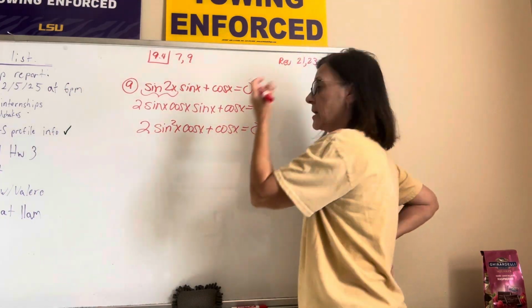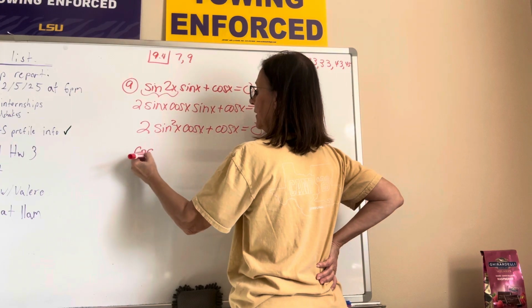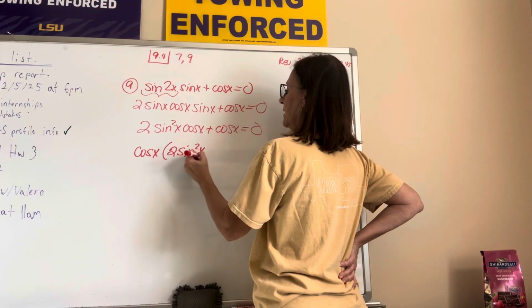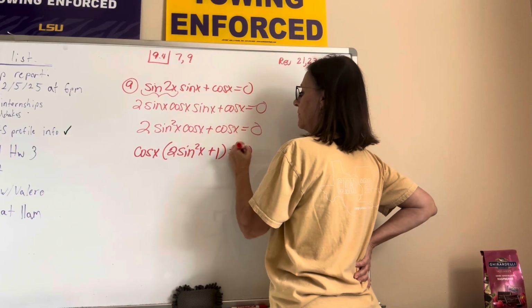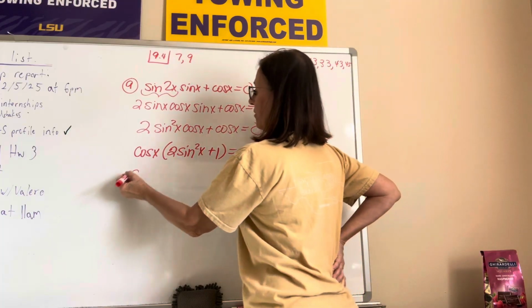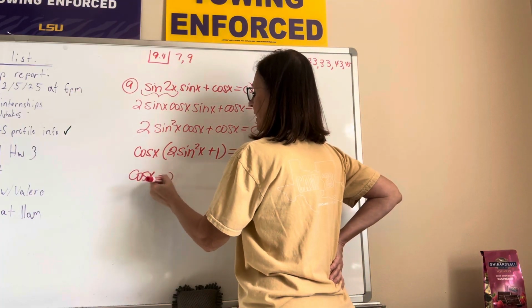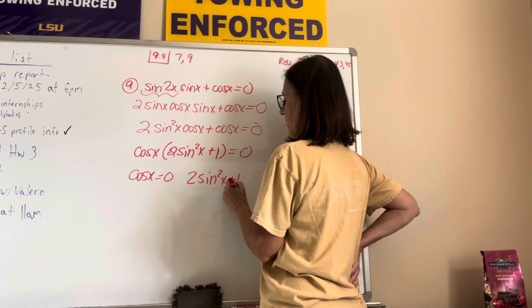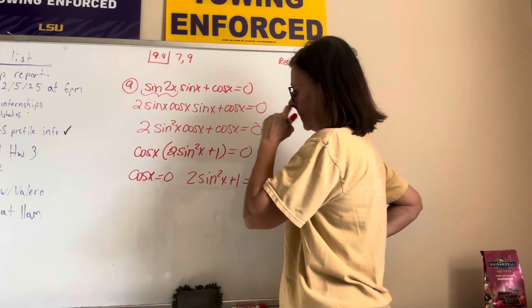I can factor out that cosine. Cosine x times 2 sine squared x plus 1 equals 0. Now I set both of those terms equal to 0 and I solve it. Cosine x is 0. 2 sine squared plus 1 equals 0.